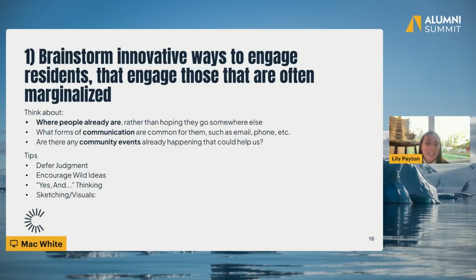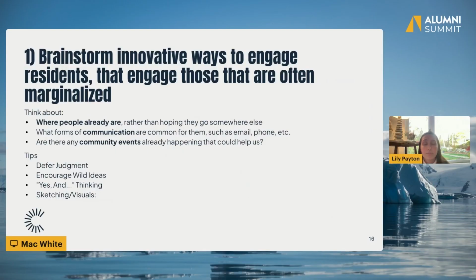Another one is yes-and thinking. If you're familiar with improv comedy, you always say yes, you agree, and you move on. This is a technique you won't use as much in this prompt, but it's really core to human-centered design. It forces people to build on a previous idea rather than rejecting it.